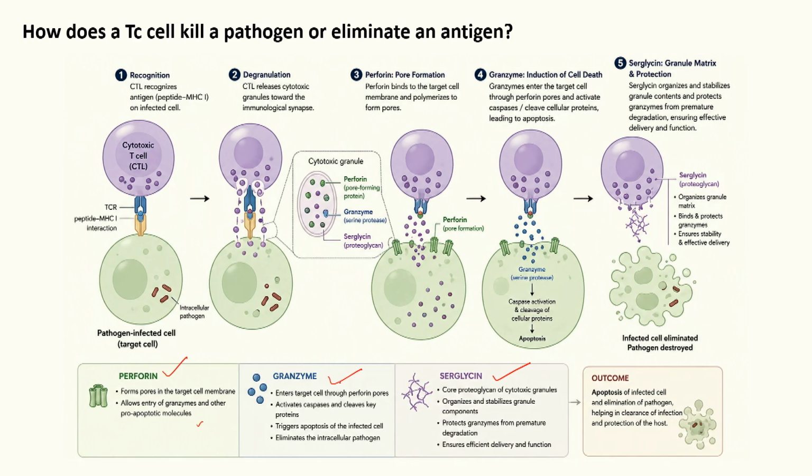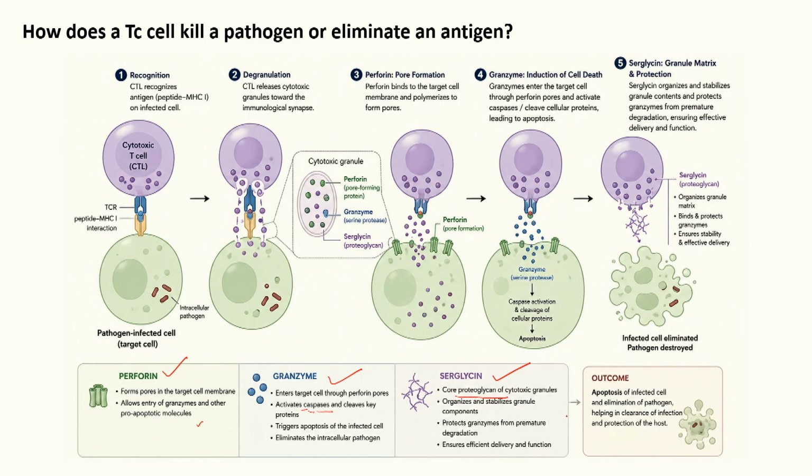And then granzyme is a specific enzyme which can start a process which can lead to apoptosis. These are pro-apoptotic caspases, cysteine aspartate specific proteases which can cleave proteins and do some function. And serglycin is a specific core proteoglycan molecule which is again cytotoxic in nature.